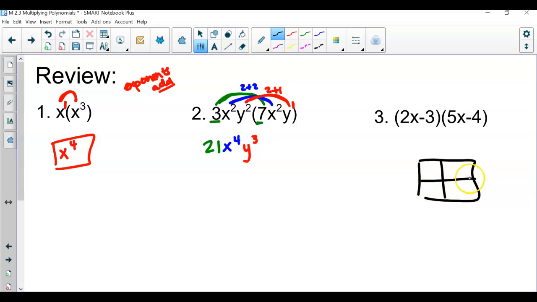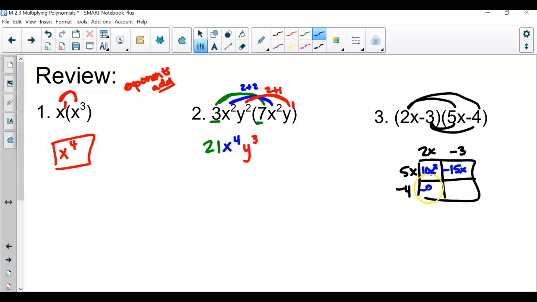Then number 3, this is actually a review. See how we're multiplying 2 binomials? This is box method. 2x minus 3 times 5x minus 4. Or, for some of you who don't use the area model, this is your FOIL, where you do front, outer, inner, and last. Same thing. So here we go. 2x times 5x, 10x squared. Then here I've got negative 15x.